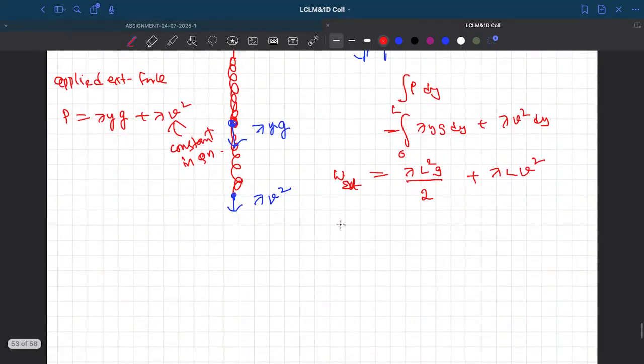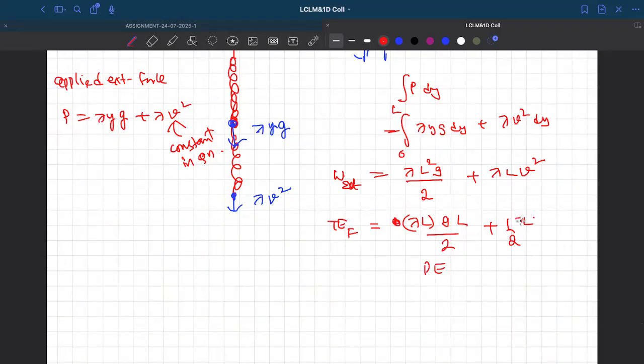Right. So what is the total energy finally? The total energy finally is the potential energy, lambda L g L by 2, plus kinetic energy, lambda L v square by 2. Earlier you have done this much work, but the total energy is only this.